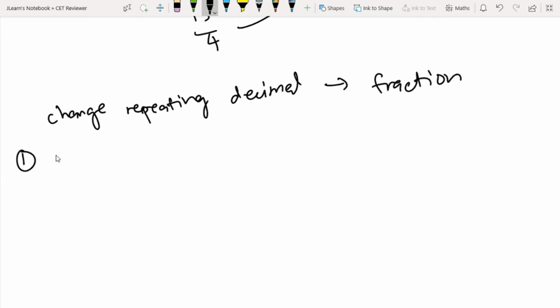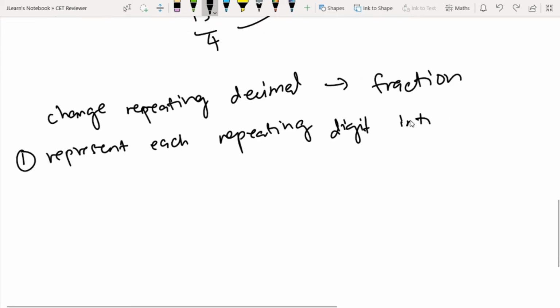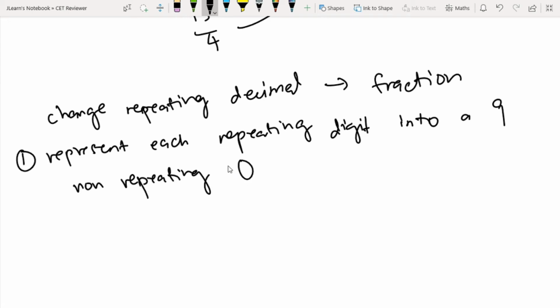So, first is we represent each repeating digit into a 9. And then yung non-repeating, magiging 0.